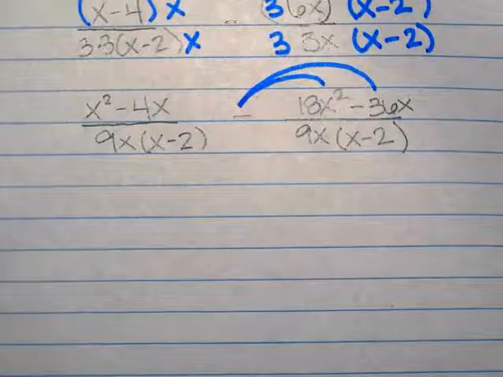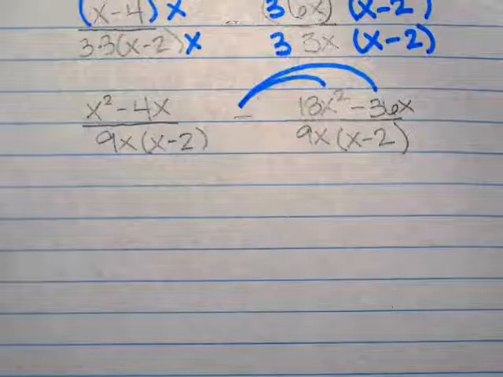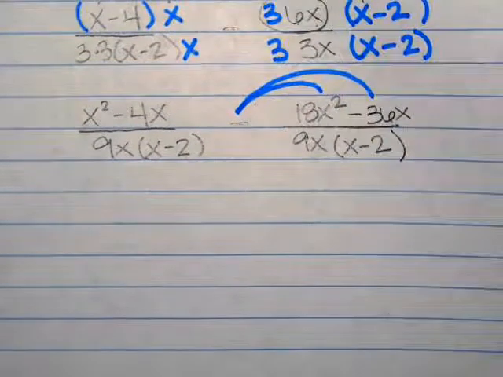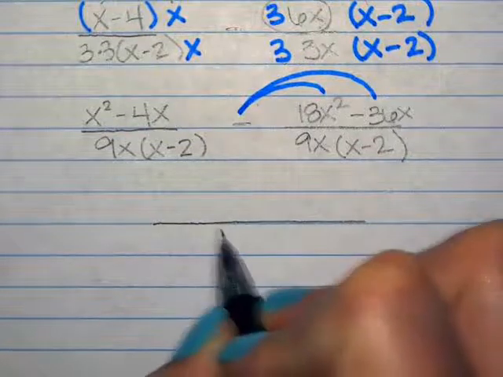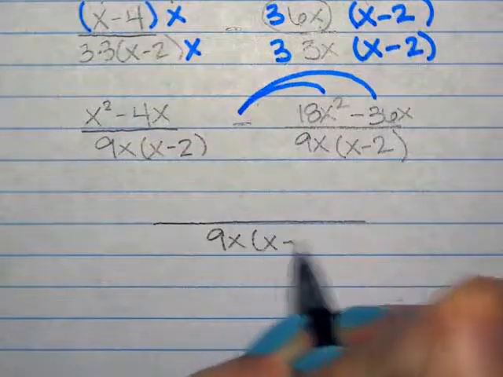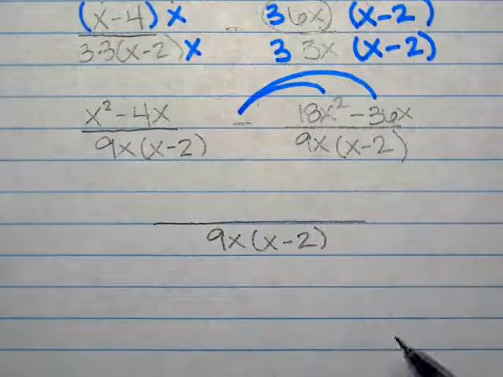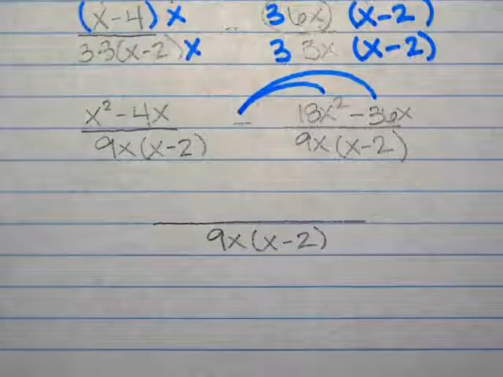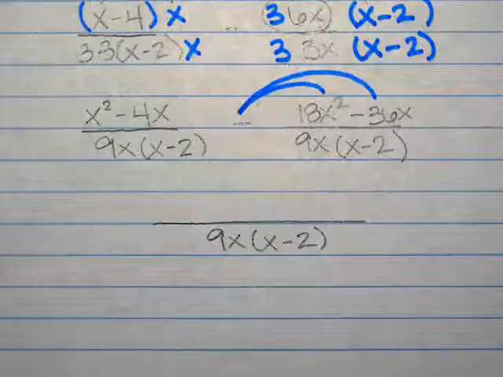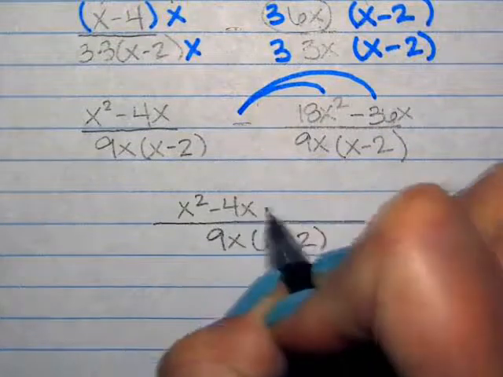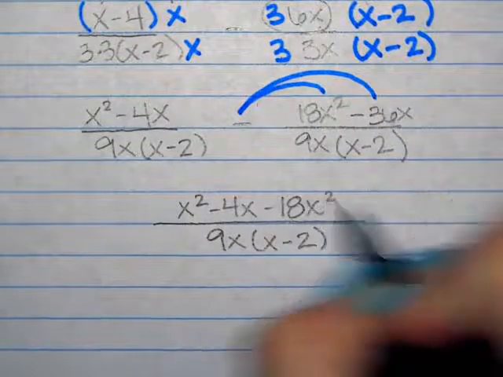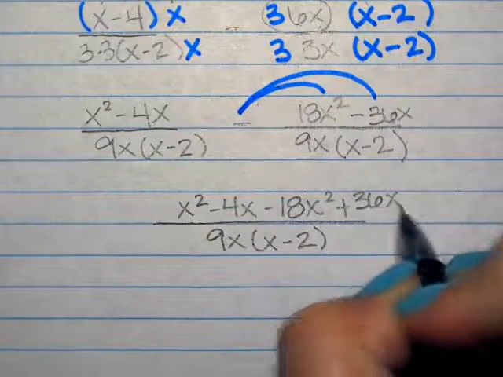All right, so let's go ahead and distribute that negative. What do we have next? Okay, and then what should I have on the top? Perfect, okay.